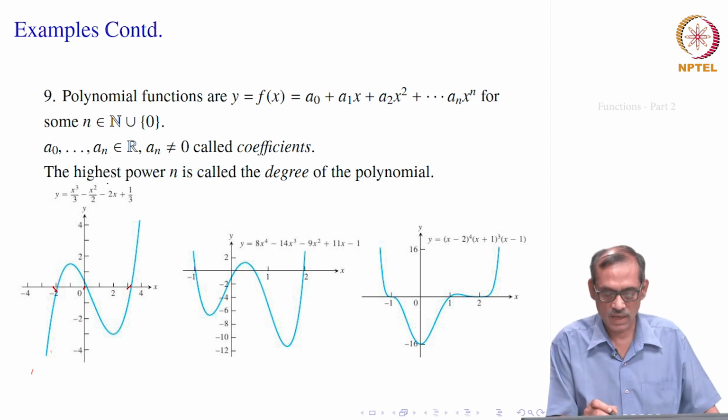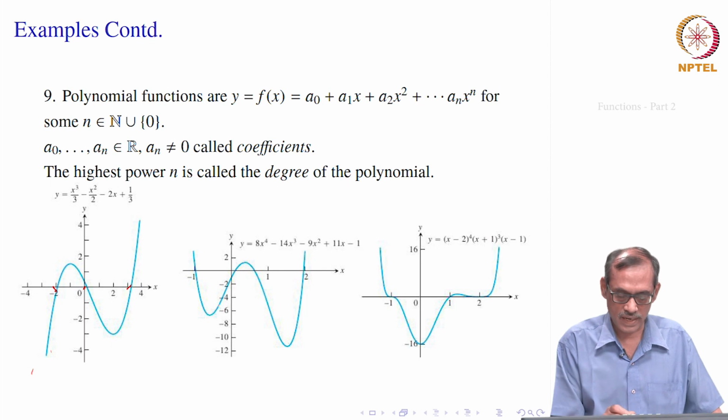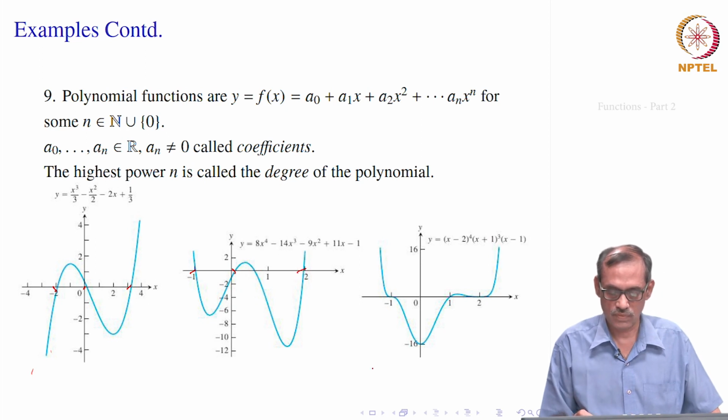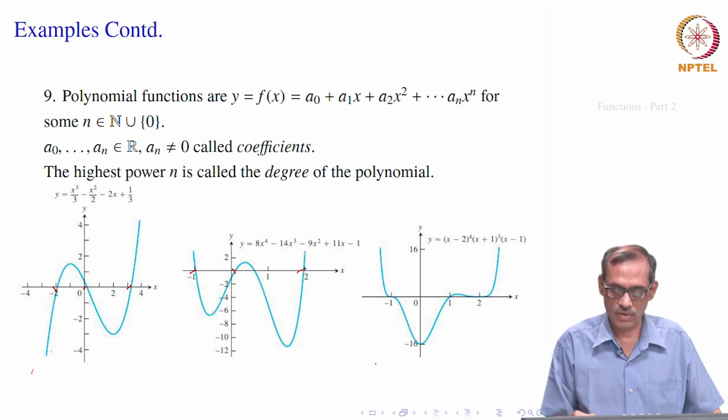Now, let us see a quartic polynomial, or degree 4. So, it looks something like this. It again vanishes here near minus 1, between 0 to 1, and again near 2. So, this is how a degree 4 polynomial looks like.